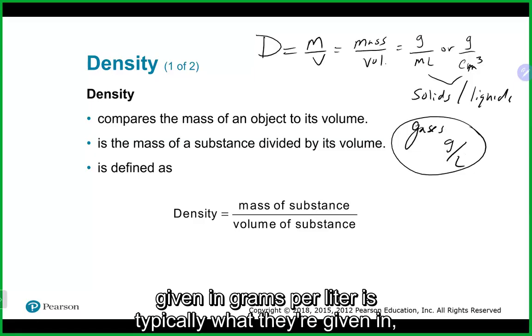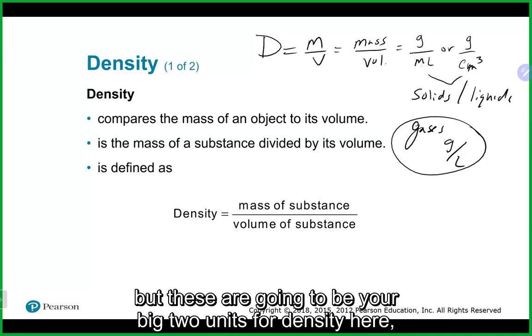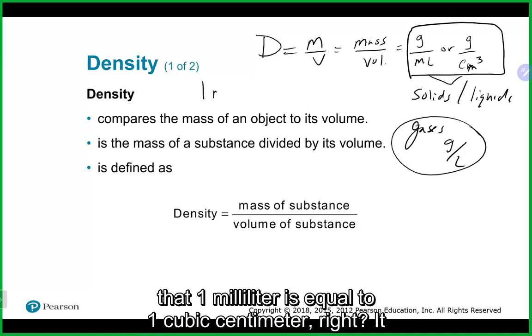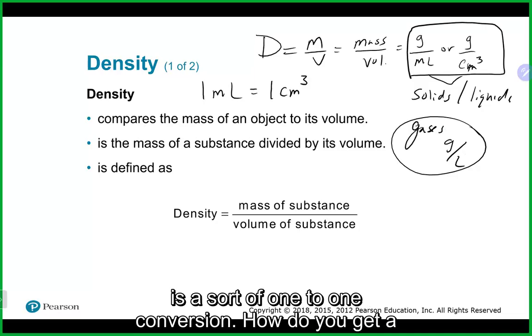But these are going to be your big 2 units for density here, grams per milliliter or grams per cubic centimeter. A reminder that 1 milliliter is equal to 1 cubic centimeter, right? It is a one-to-one conversion.